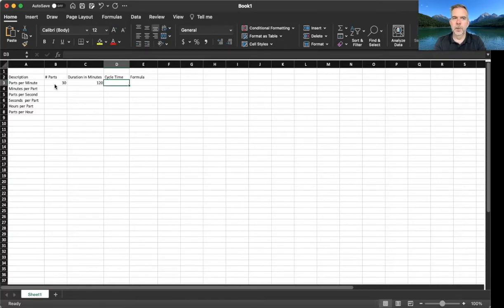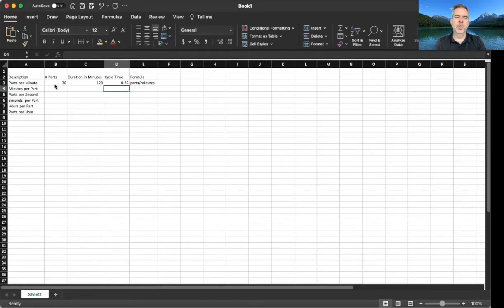Parts per minute is going to be the number of parts divided by minutes. 30 divided by 120. Okay. So we can do a quarter of a part every minute. So here is the actual formula: it's parts divided by minutes.